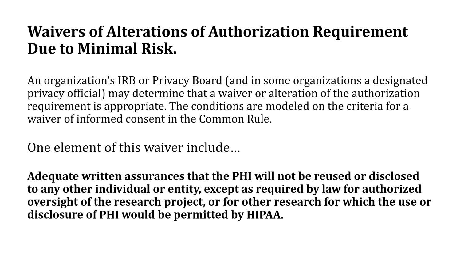One element of this waiver includes adequate written assurances that the PHI will not be reused or disclosed to any other individual or entity, except as required by law, for authorized oversight of the research project, or for other research for which the use or disclosure of PHI would be permitted by HIPAA.